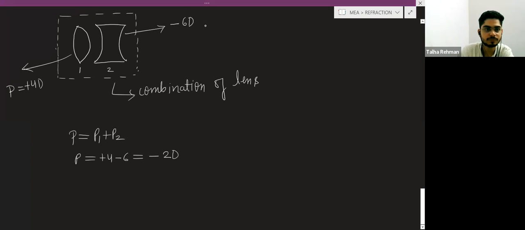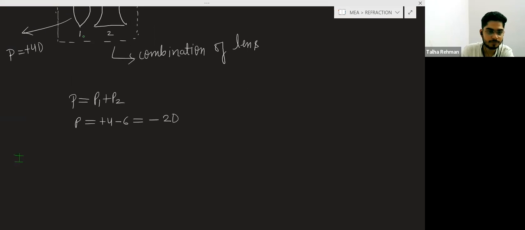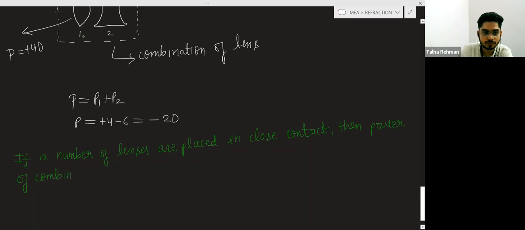So you can write here, if a number of lenses, means 1 2 3 4 5 6 7 8 9 10, a number of lenses are placed in close contact, then power of combination of lenses is equal to the summation of the power, algebraic summation.